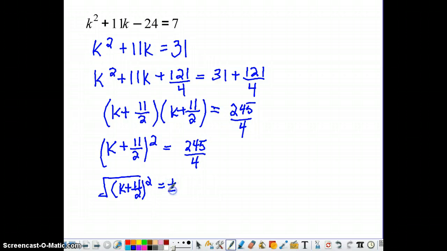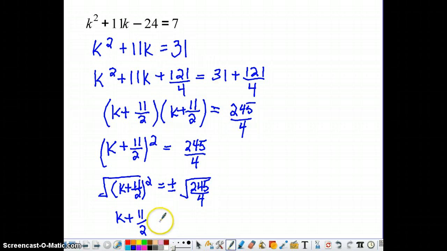And I have to remember that when I take the square root, I am going to put plus or minus in front of the square root sign there. Alright, so on the left I have k plus 11 over 2. Squaring and square roots cancel each other out.